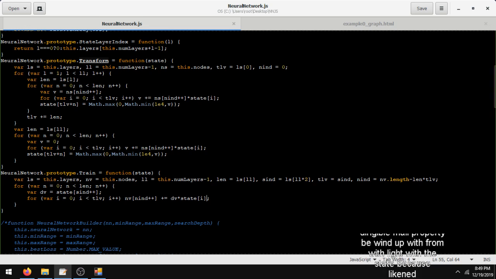Because if you multiply the second order derivative by the state here, it'll be multiplying the data from the derivative from the old time with the new time. That's why I feel like you do the derivative right here.